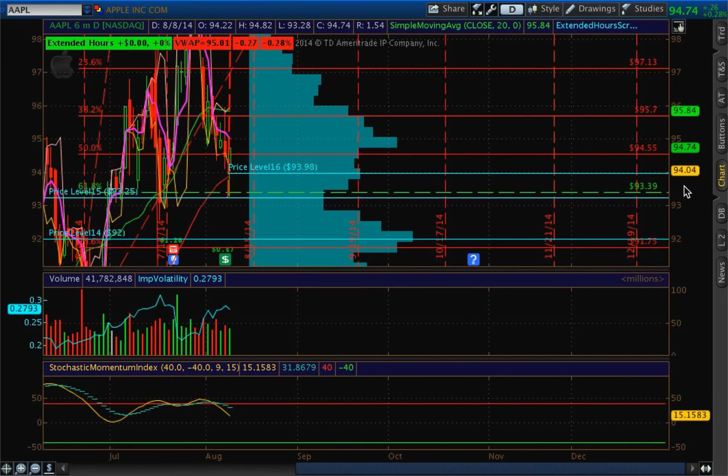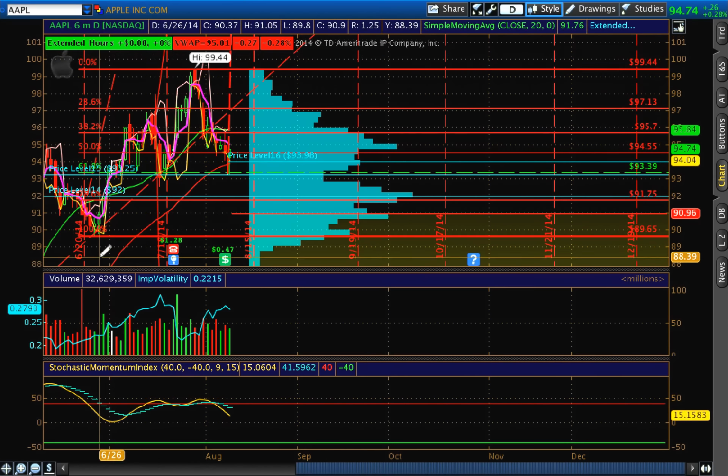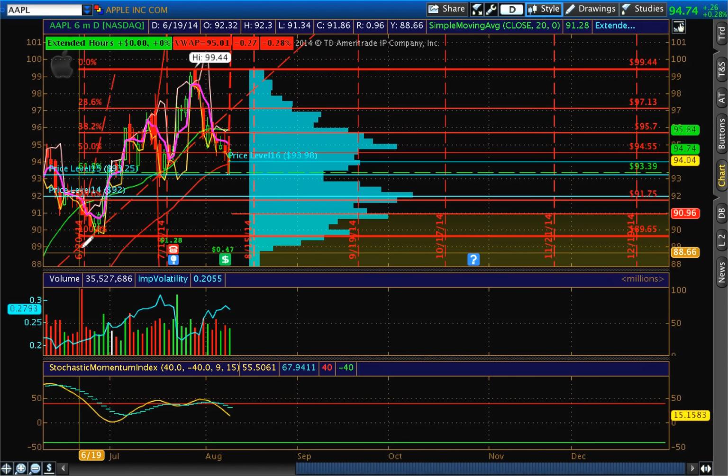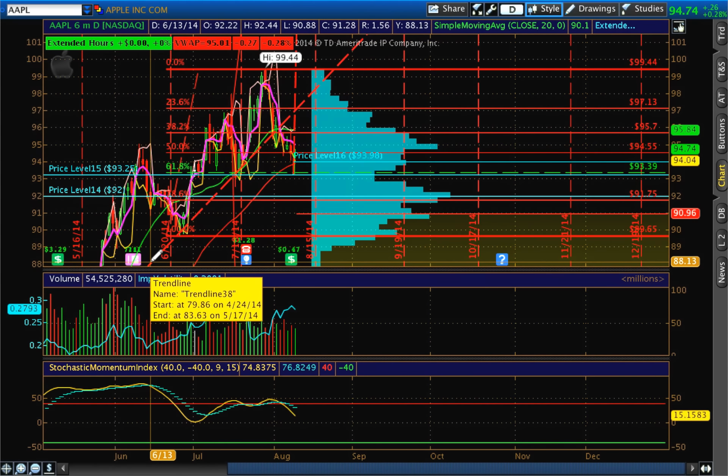So the initial bias coming into today is that Apple had been in an uptrend here. This uptrend comes all the way from the earnings gap lows, and we all know Apple split, so it's obviously price adjusted here.